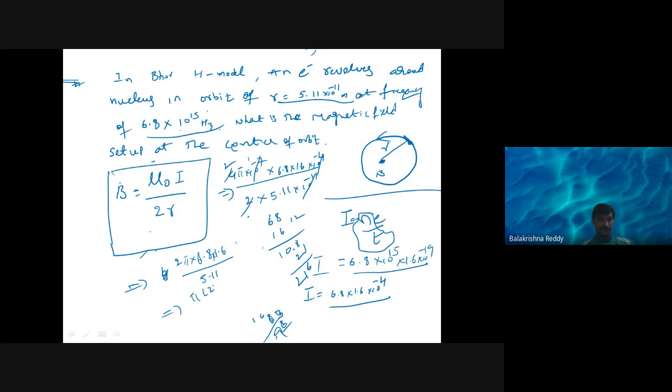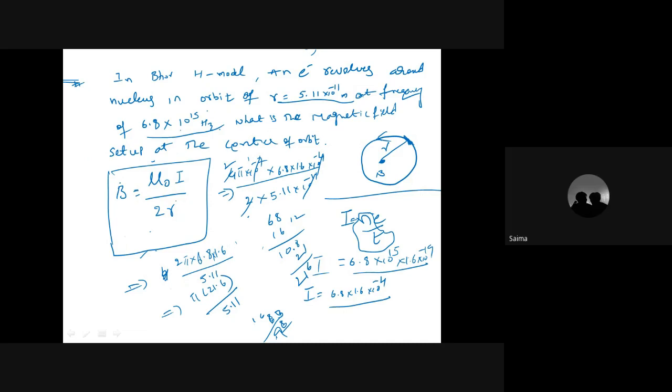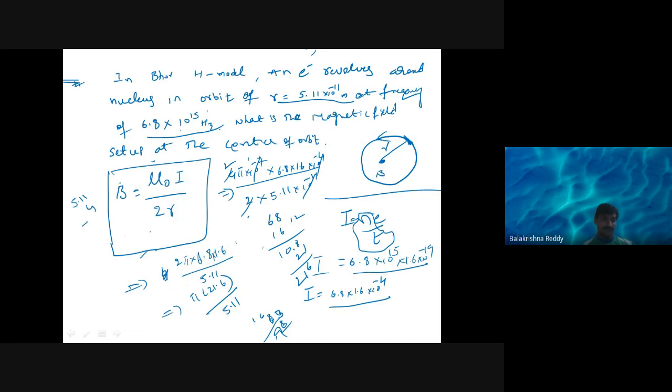Then 5 into 21.6 by 5.11. Now 5 fours are 20, 20, no? Yes, sir. 5.11 is there. 4 ones are 4, 4 ones are 4, 4 fives are 20. 20.44. This is 21 now.